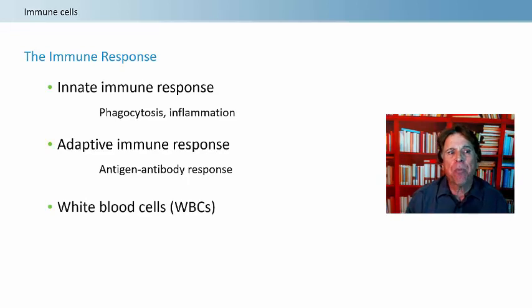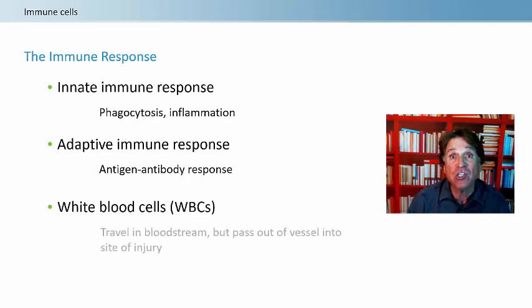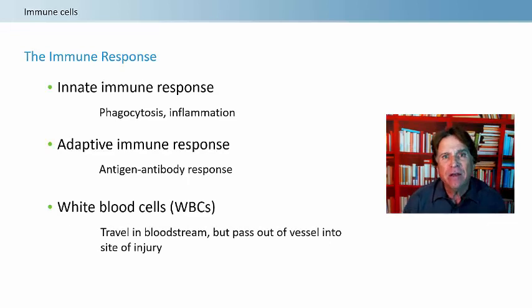Now, the cells that are part of these responses are generally white blood cells. And these white blood cells, these WBCs, are varied in their role and they're varied in their structure. Mostly they travel in the bloodstream, so they can get right to the area of injury or infection.